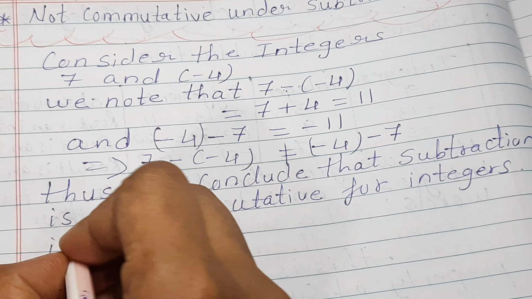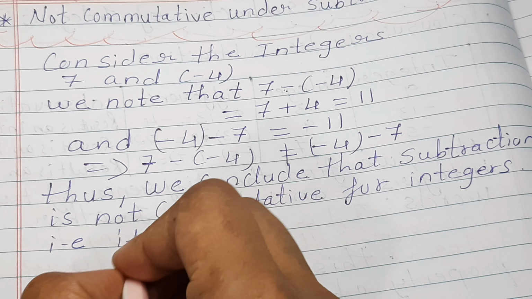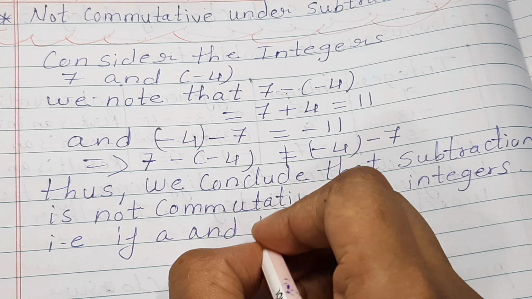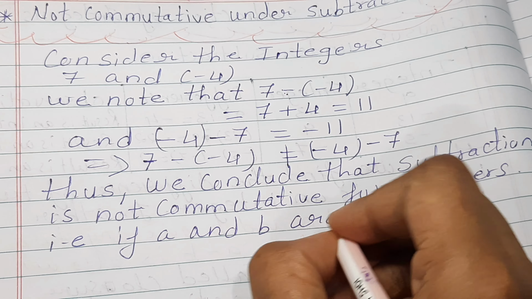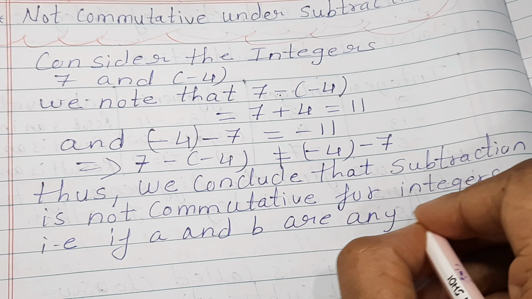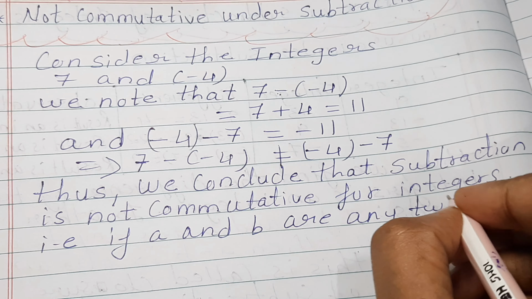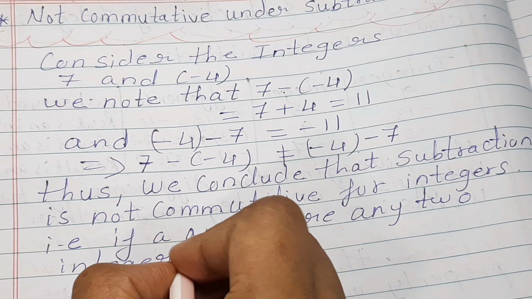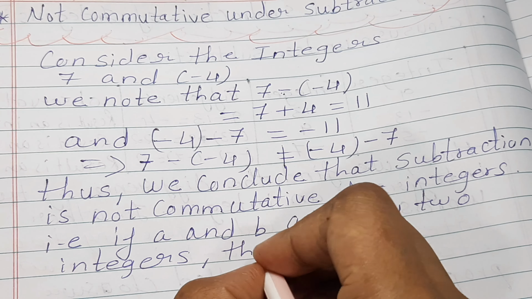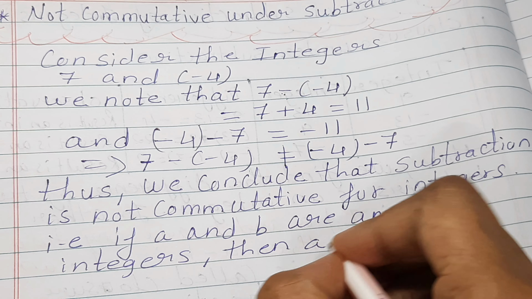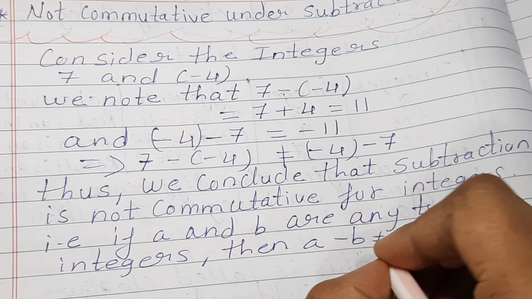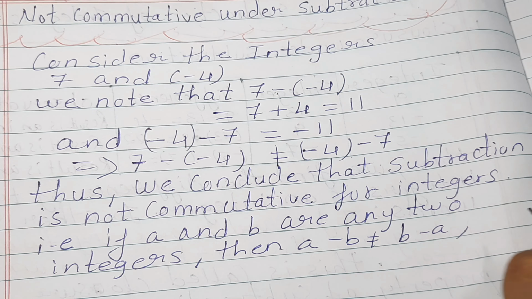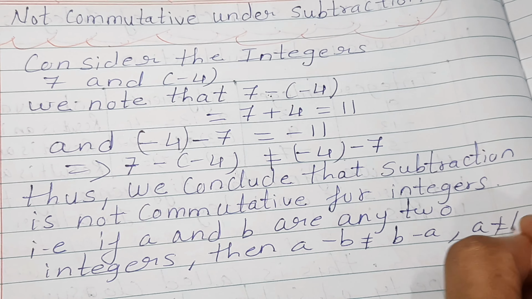That is, if a and b are any two integers, then a minus b is not equal to b minus a, when a is not equal to b.